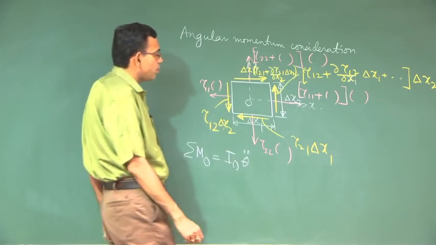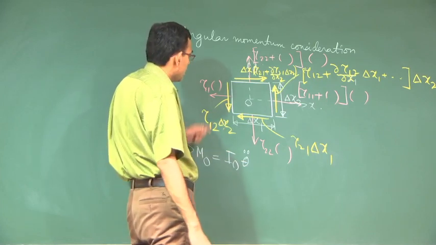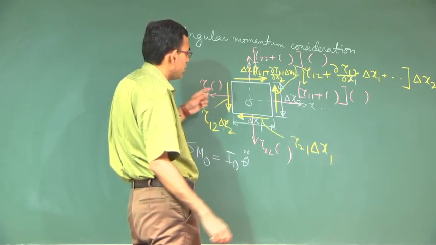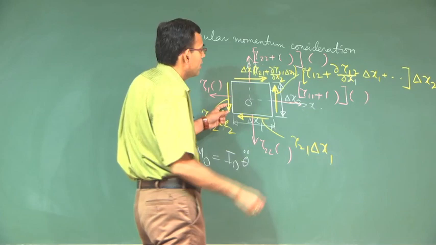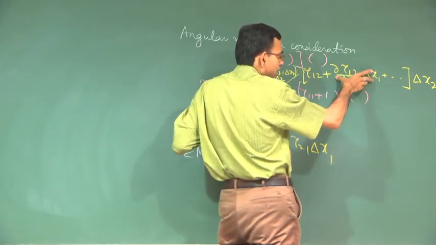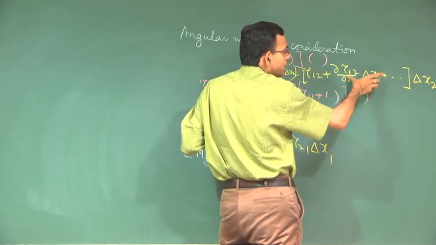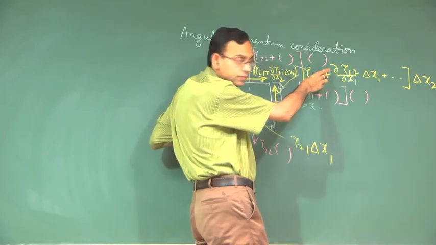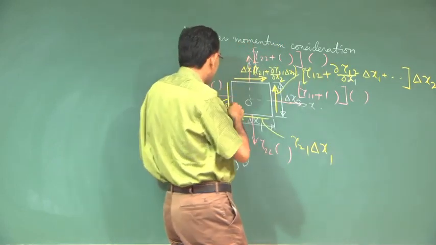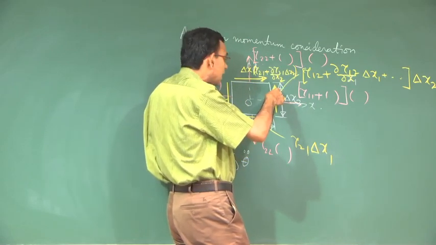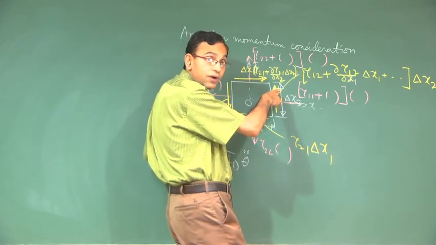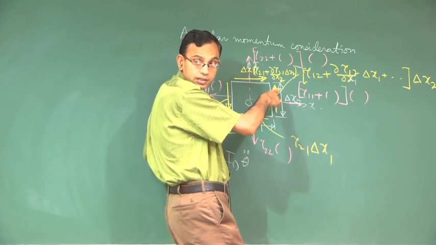When we write the moment of forces, this is tau 12, and this is tau 12 plus a small change, which when multiplied by another small length becomes much smaller. Therefore, effectively both are tau 12 into delta x2 so far as the moment calculation is concerned.